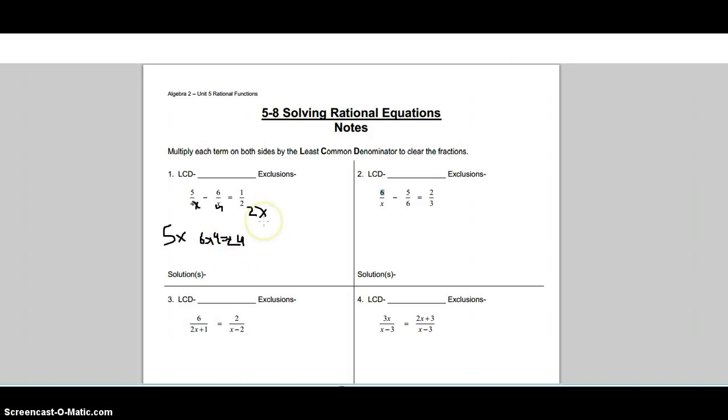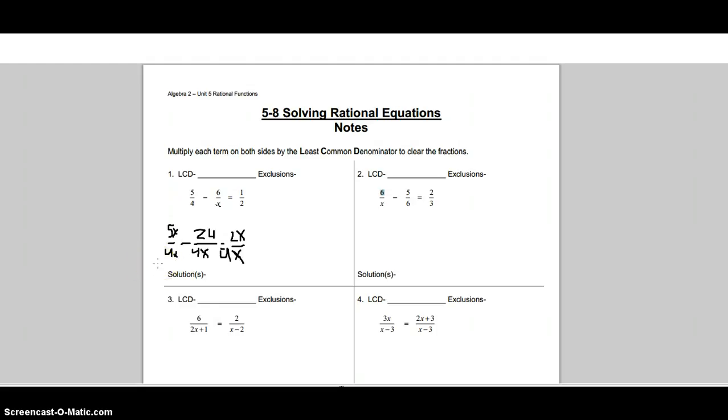And then 2 was multiplied by 2x, so we got to multiply the top by 2x. So 1 times 2x is just 2x. So here we have our numerators, and we multiply them by what we multiplied from the bottom denominator.